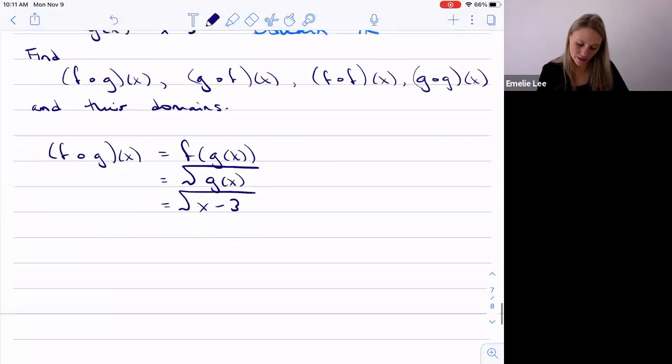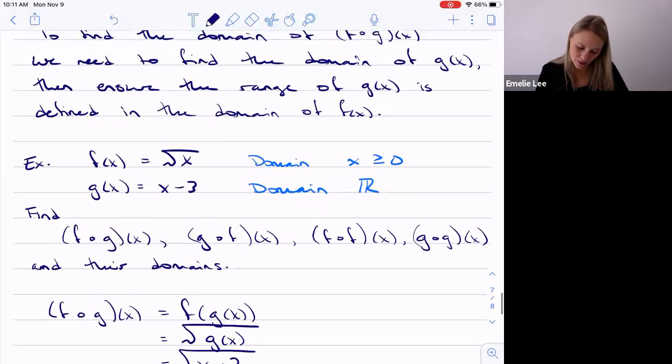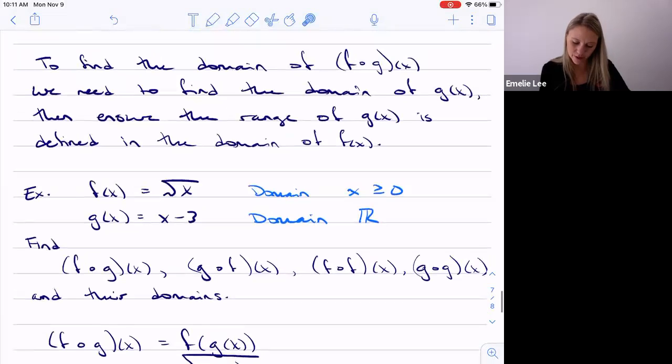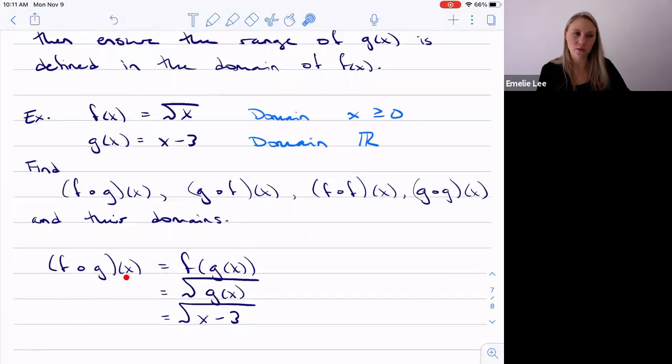The domain here, if we go back to this little blurb, we need to find the domain of g of x if we're looking at f composed with g of x. So g of x has a domain of all real numbers, which means I can find any output values, so the range is also all real numbers.